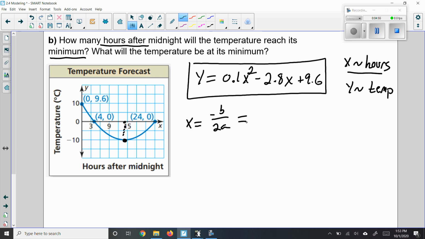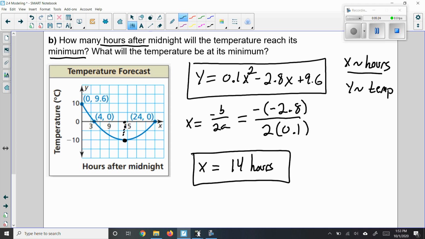So here, b is negative 2.8, so negative b would be 2.8 over 2a, and a is 0.1. If I put that in my calculator, I get 14 hours. And looking at the graph, it looks like this is around 14, so I know that I did it correctly.